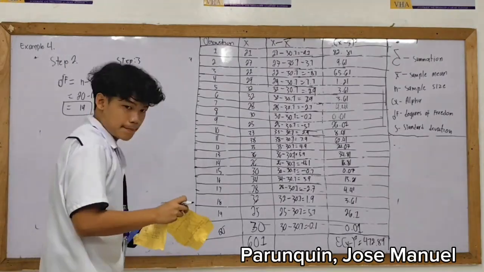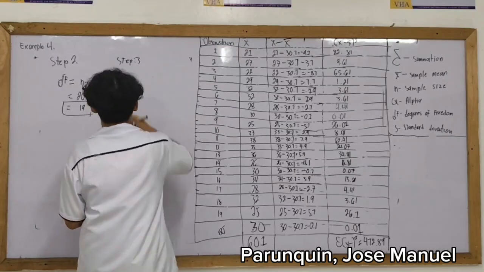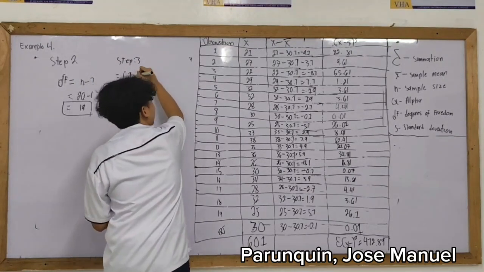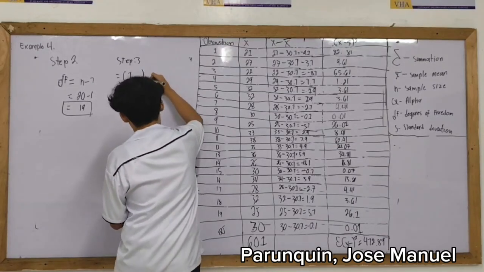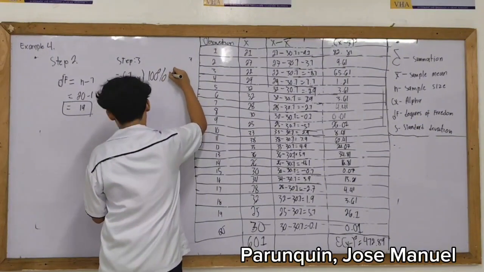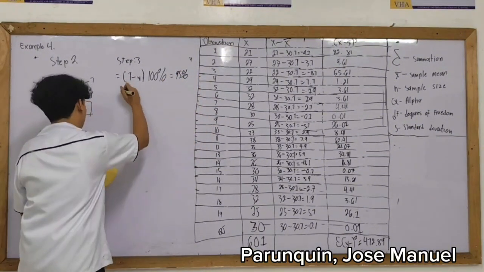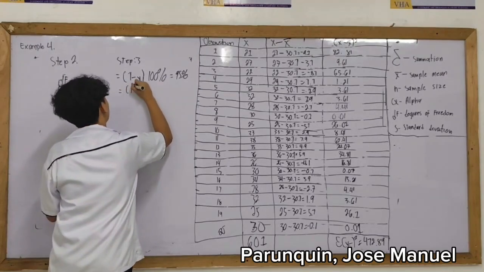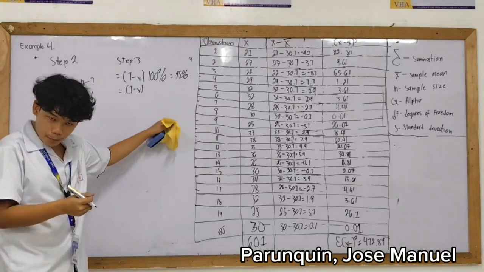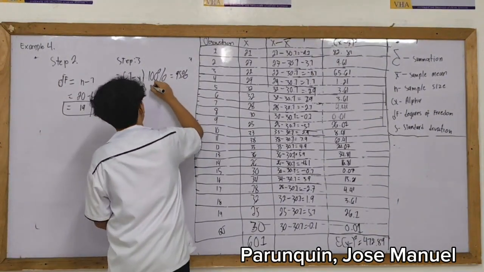So to get this, we need to do 1 minus the confidence level, 100% minus 95%. So if we divide them, it will become 0.025.